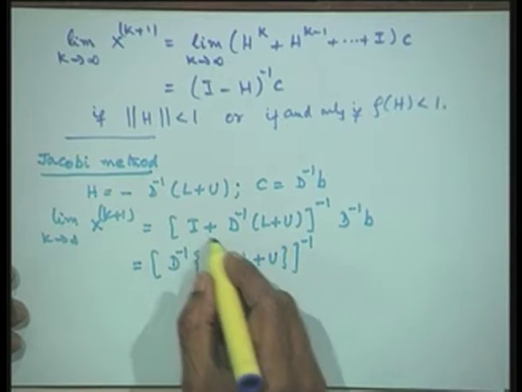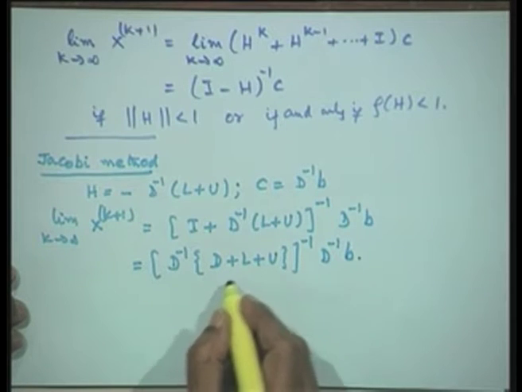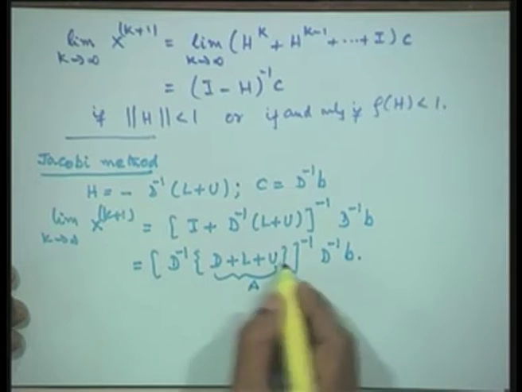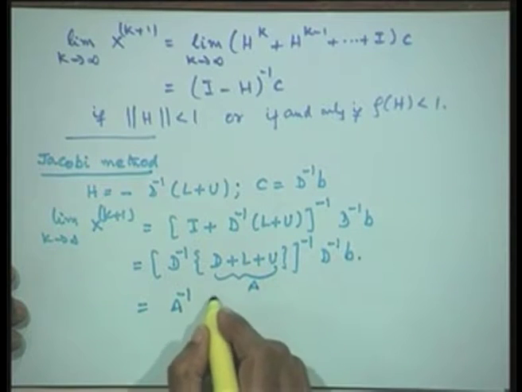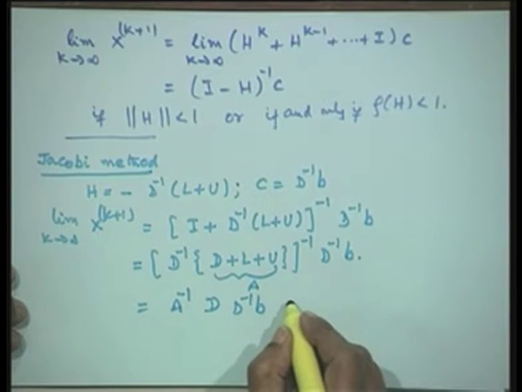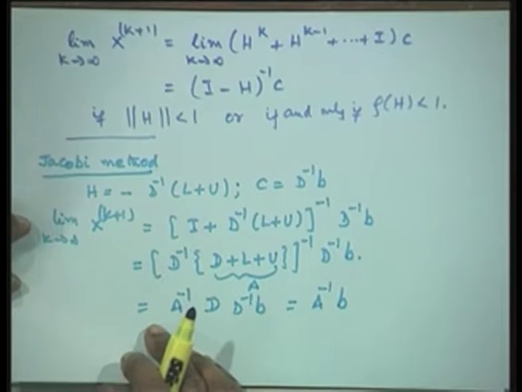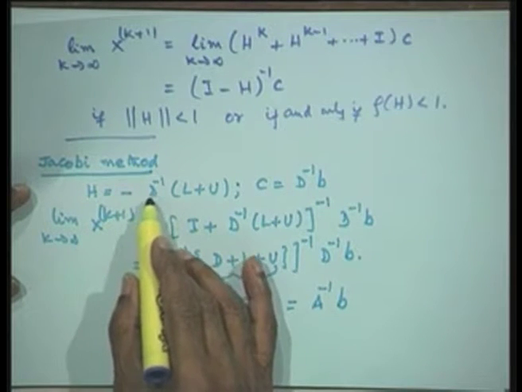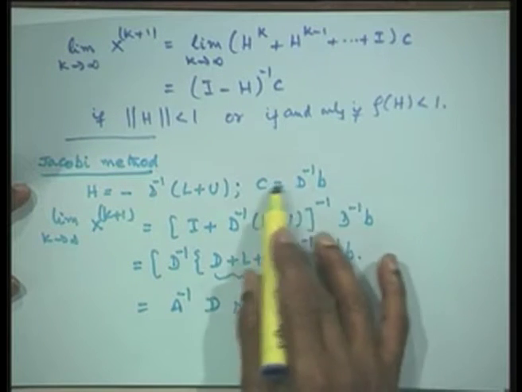So, d inverse of d from here, L plus u inverse d inverse of B. This is equal to A, this is A, inverse of the product will be A inverse d inverse of inverse, that is d, and this is d inverse of B. Therefore, this is A inverse of B. Though the limit is indeed going to A inverse of B when we have this, the iteration matrix H as Jacobi this, and the contribution of the right hand vector C is d inverse of B.